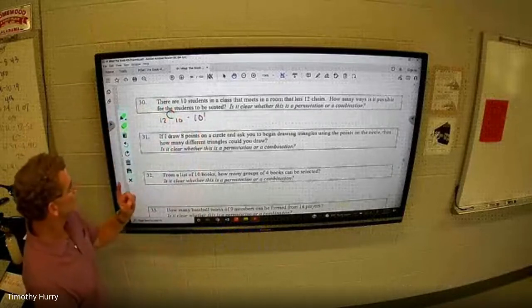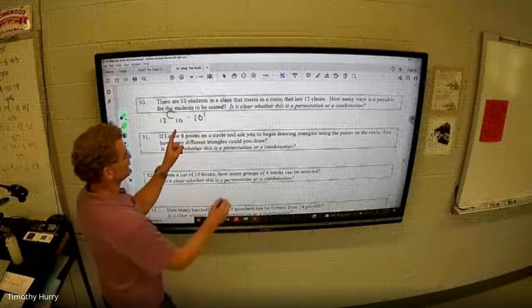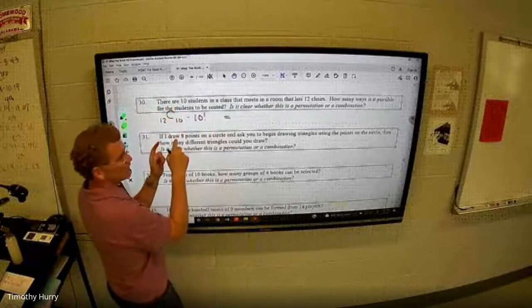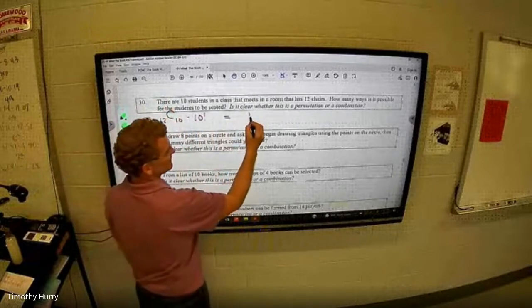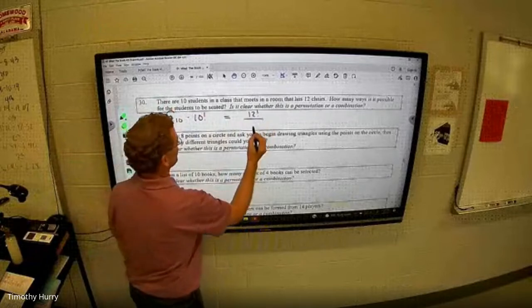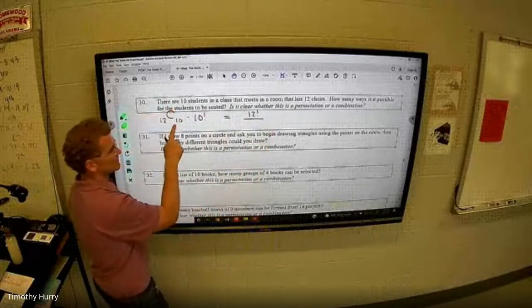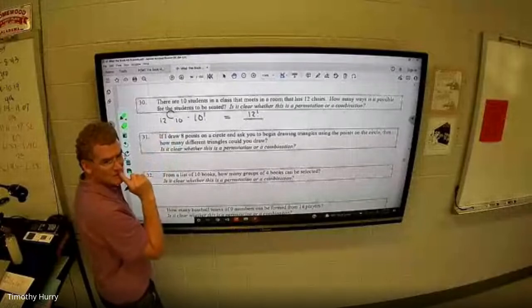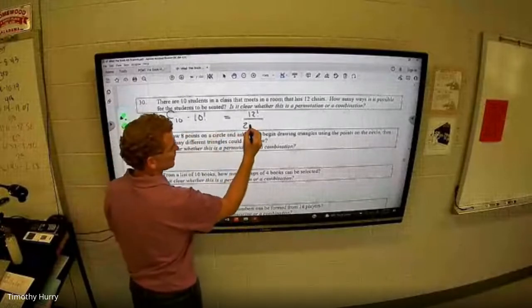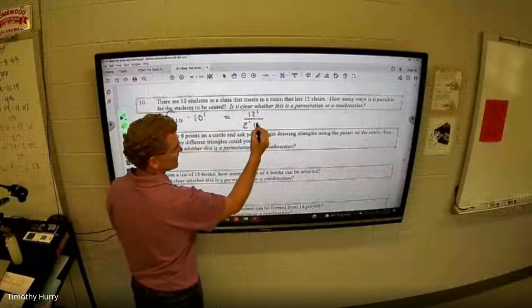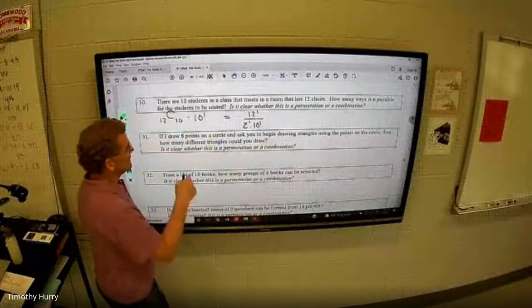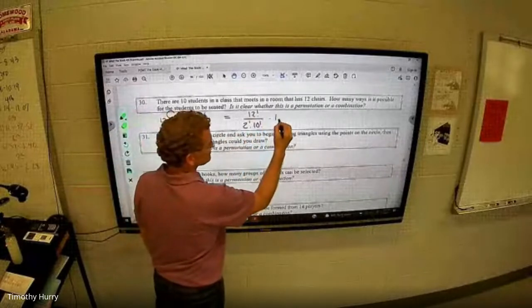Now, look at this. What's the math on 12C10? 12 factorial over what? Not for combination. Over 2 factorial times 10 factorial.